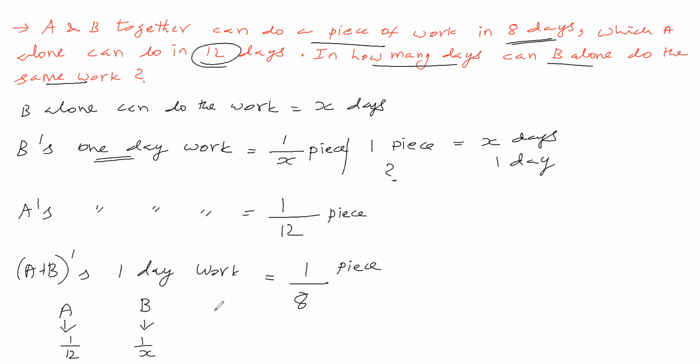A and B together do 1 by 8 piece. Therefore, A's work plus B's work is equal to AB's work. By solving this, X is equal to 24 days. Therefore, B alone will take 24 days to complete this one piece of work.